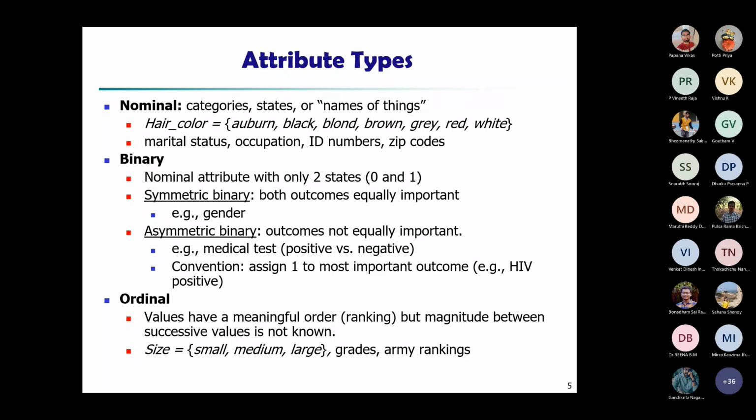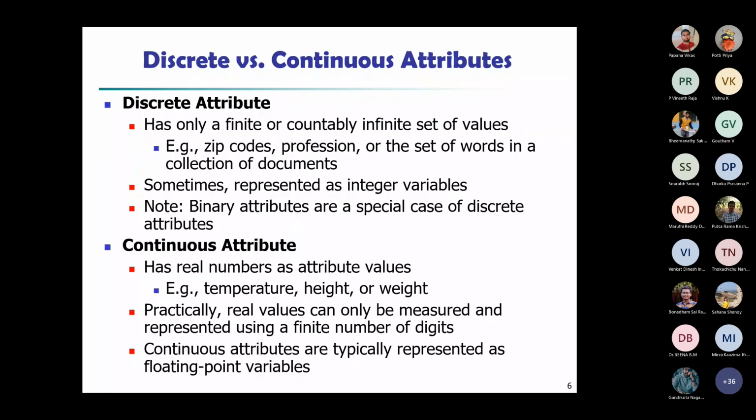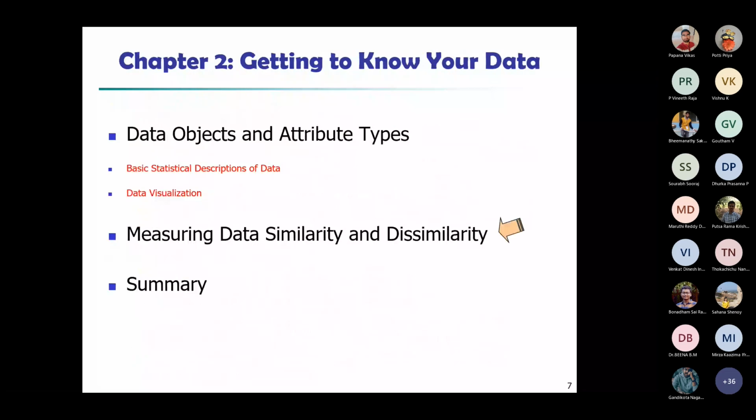Usually when we discretize a continuous valued attribute, it becomes ordinal. We also talked about discrete and continuous. Continuous valued attributes have real numbers, which can take infinite values. Temperature, height, weight, age are all continuous attributes.